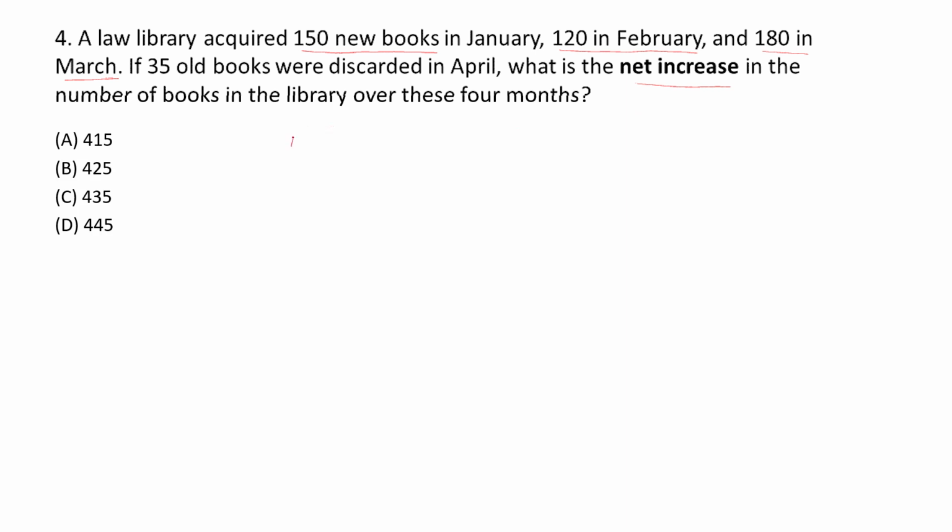So books added in the library. How many books are added? 150 in January plus 120 in February and 180 in March. So how many total books have increased in 3 months?